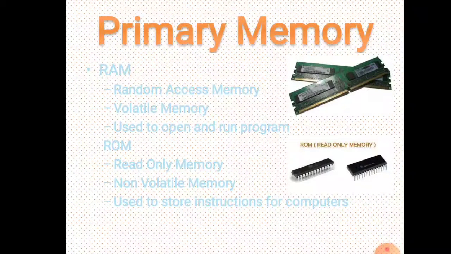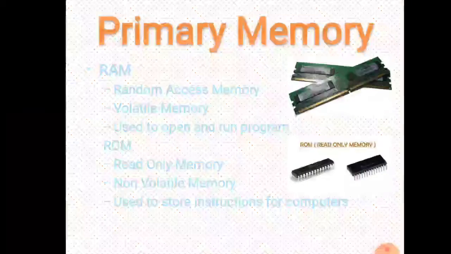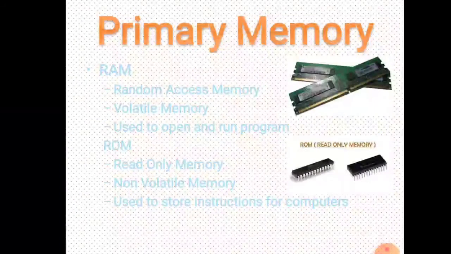That is why it is named read only memory, and this one is a non-volatile memory. It remains, and whatever instructions are given by the manufacturer to the computer parts can be stored. It is used to store instructions for the computer. These are the different types of primary memory.